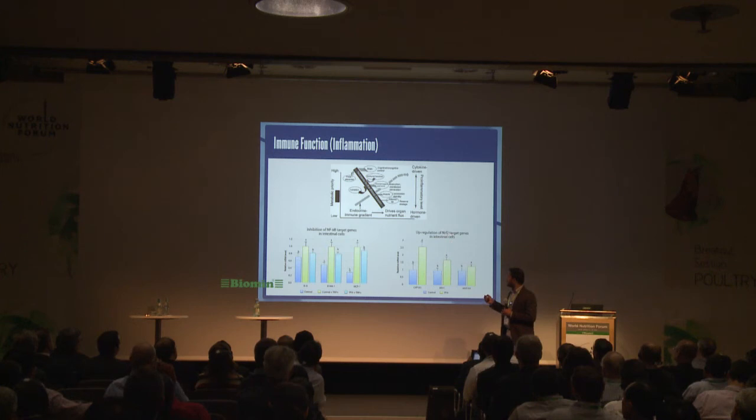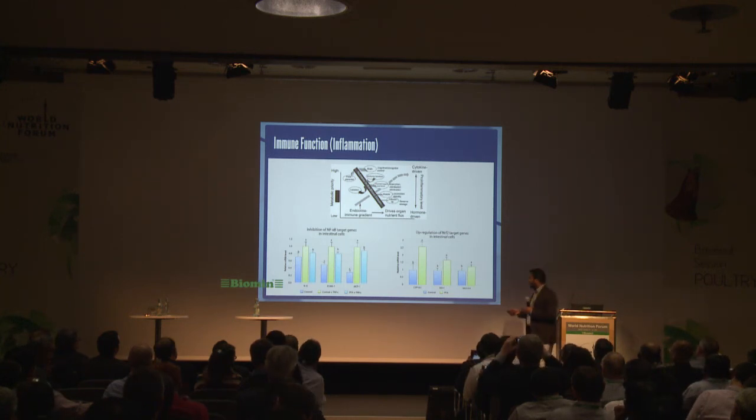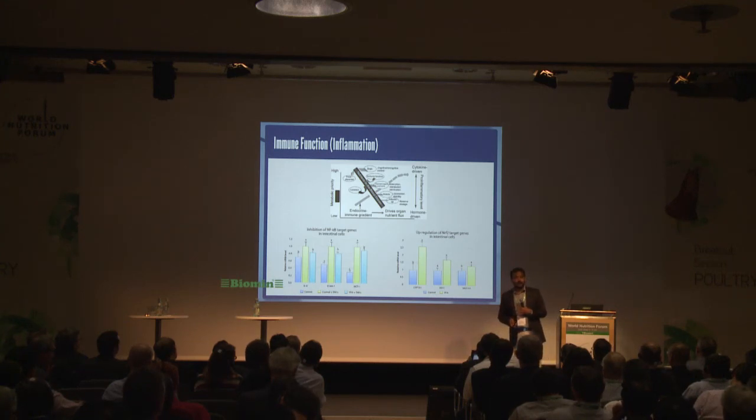And here is the upregulation of NRF2 target genes, which plays a major role in cell protection and inhibiting cell apoptosis or cell death. Some of the genes involved here had higher upregulation when the body is supplemented with phytogenic feed additives.